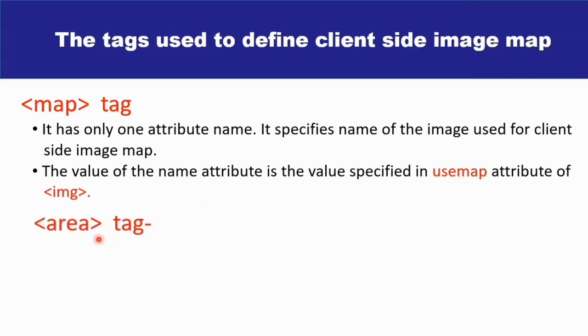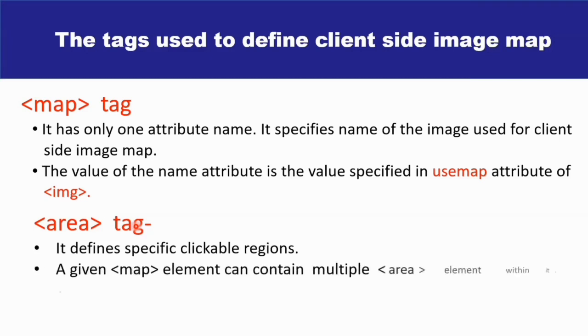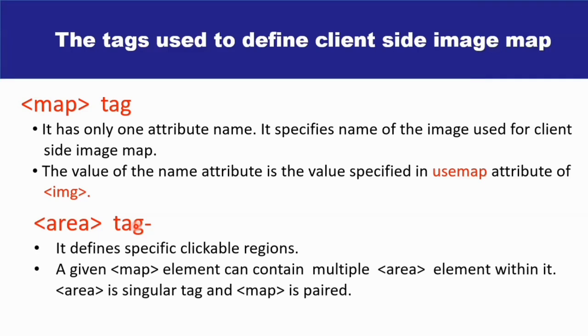Then the area tag. This is a very important tag while using image mapping. It defines a specific clickable region. A given map element can contain multiple area elements. Area is a singular tag and map is a pair tag.